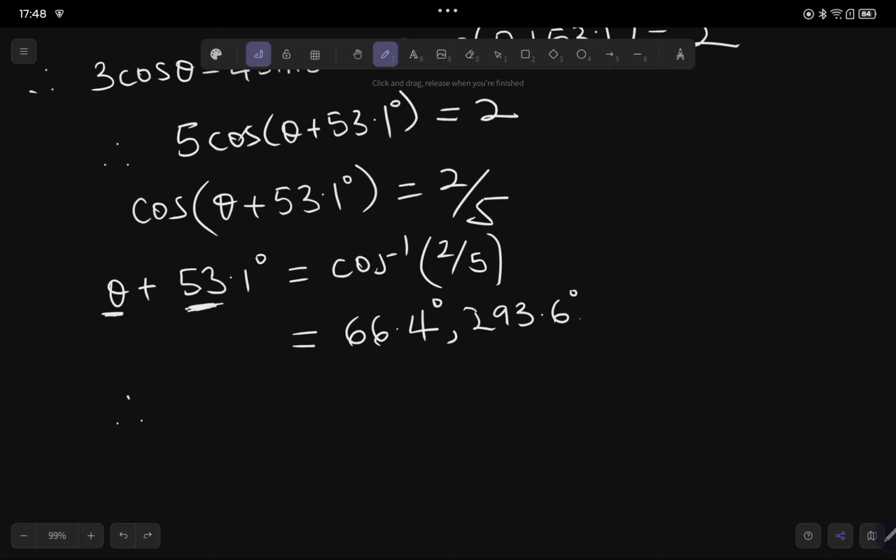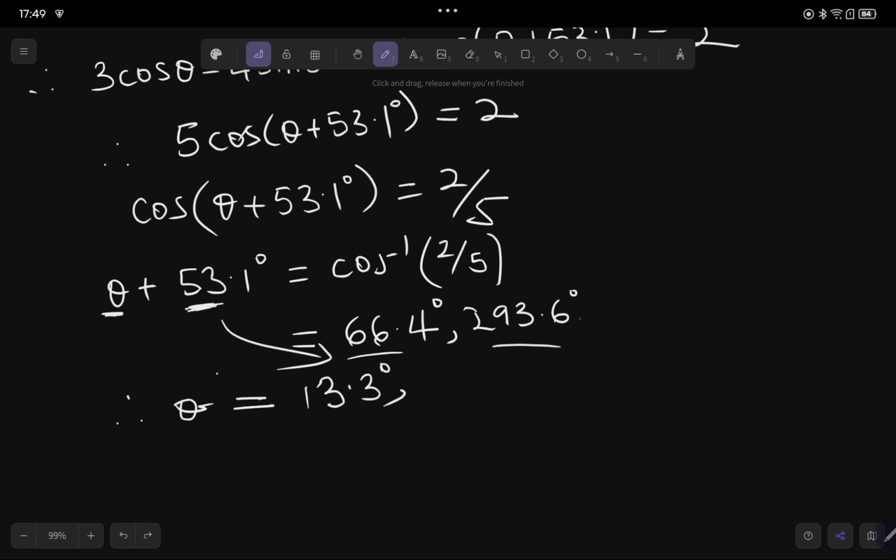So therefore, the theta that we are asked to find is these angles take away 53.1. So 66.4 take away 53.1, you get 13.3 degrees.